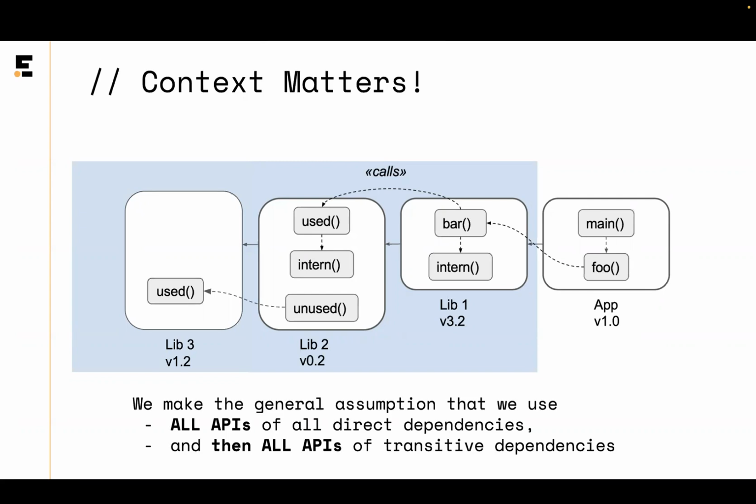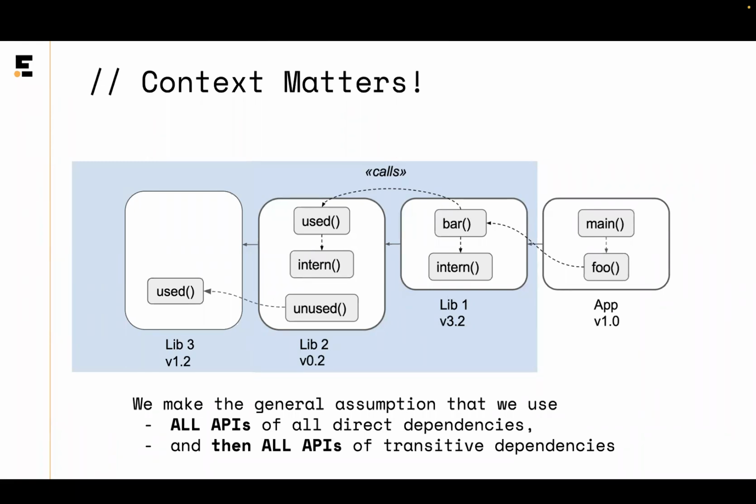This is a problem with the package-based dependency representation, where we directly assume that all APIs of direct dependencies are being used, and that all APIs of transitive dependencies are also being used. But this is completely false. This is what I've been trying to push, even through my research: it is super critical to always take the context into account, because the way that app version 1.0 is using lib1 version 3.2 might be very different from how app version 2 is using lib1.